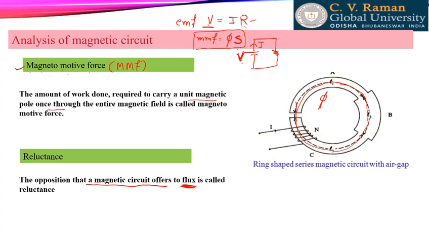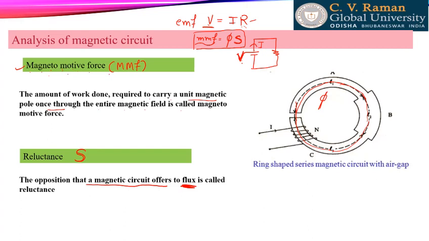Resistance. Similarly, here, who is giving the force to make this flux flow through the circuit? MMF. MMF is giving the power to move the flux throughout the circuit. And what is the opposition here? Reluctance. It's denoted as S.